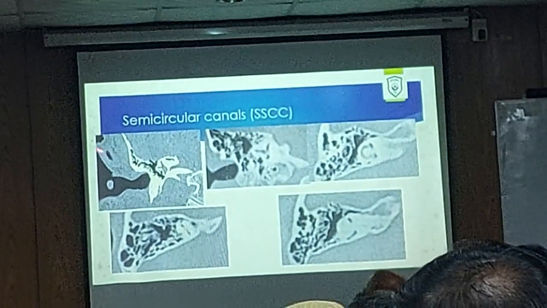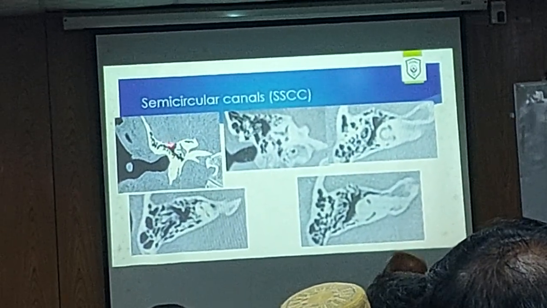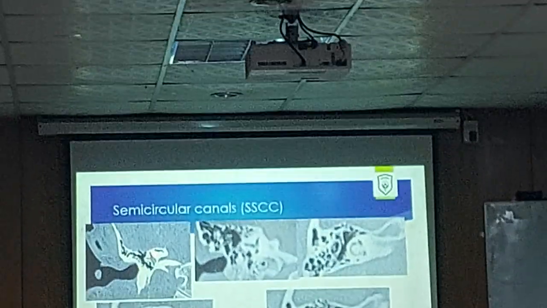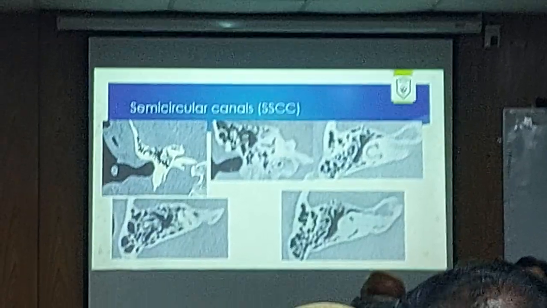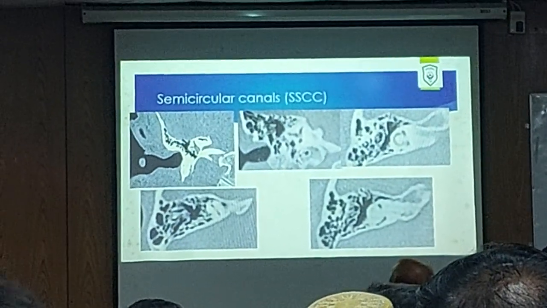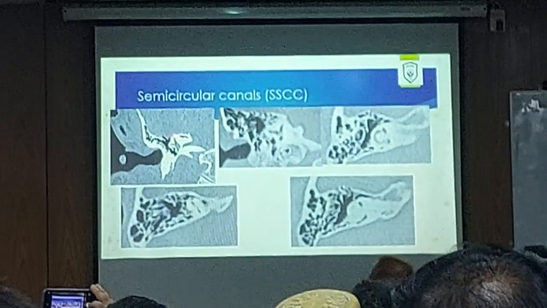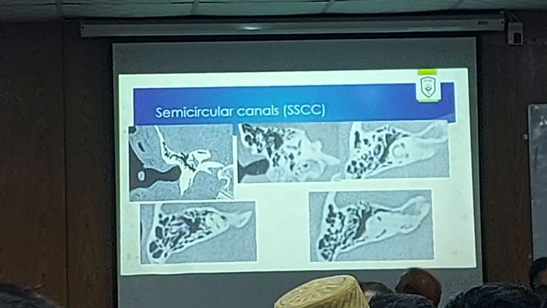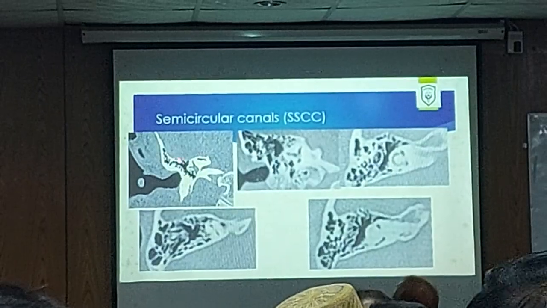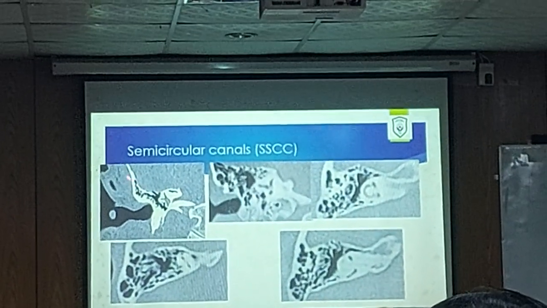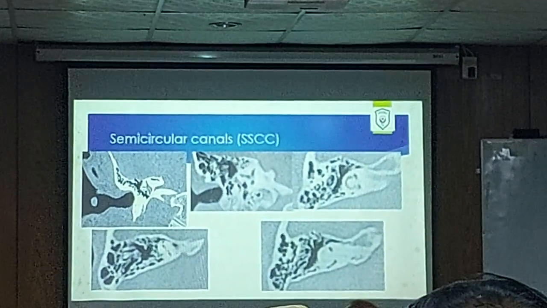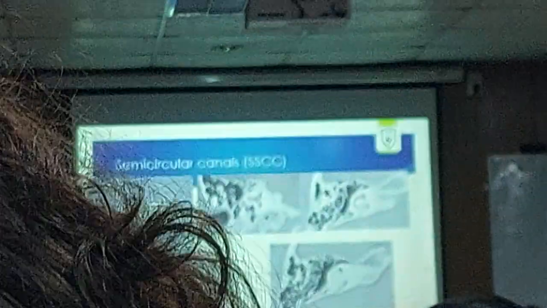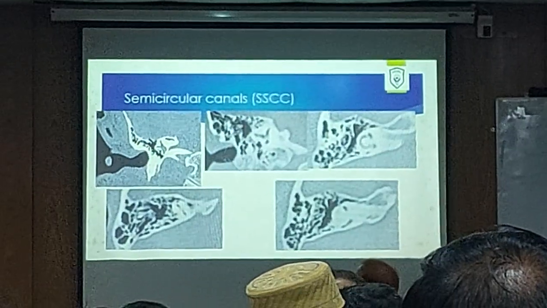This coronal section is very important because this is the superior semicircular canal, and the arcuate eminence is here. In some cases, congenitally, the semicircular canal may have dehiscence. So if there is any loss of density, we can say there may be dehiscence of the superior semicircular canal.